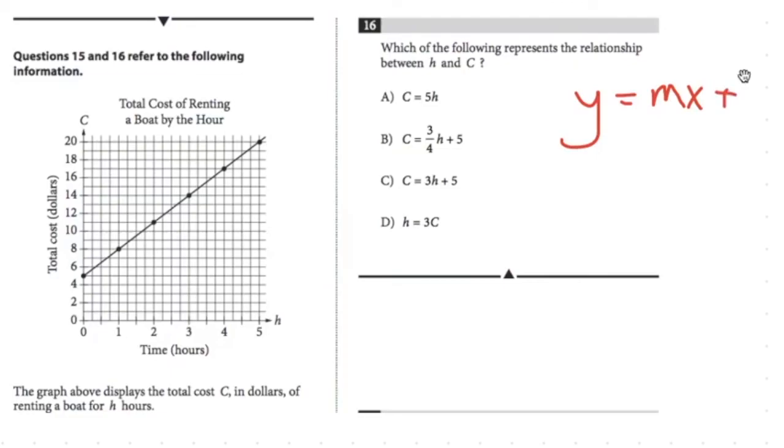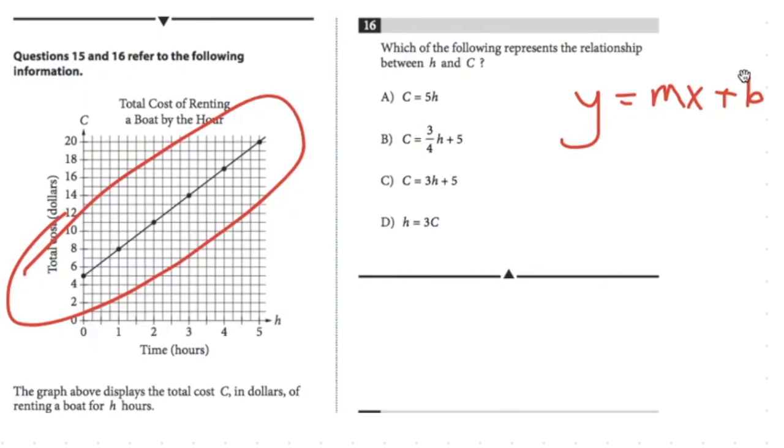I'll show you why in just a minute. But you can think of those terms and find the answer. But we don't need to do that. We can turn this into arithmetic by plugging in values in place of the variables. Anytime they give you a line, and there are points on the line, we've got a lot of x, y values.